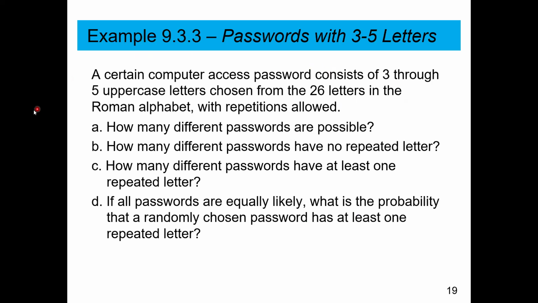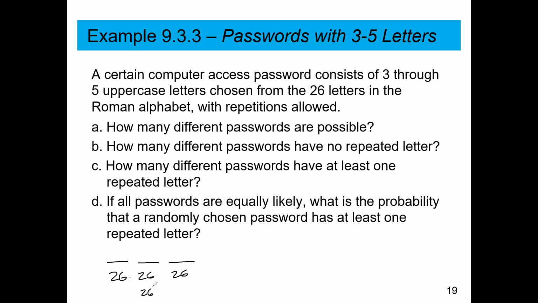All right, so let's just talk about them. Let's work through each one of these and let's break it down. So the first one, we can simply look at it this way. I can have 3 spots. If I have 3 letters, that's going to be 26 times 26 times 26.